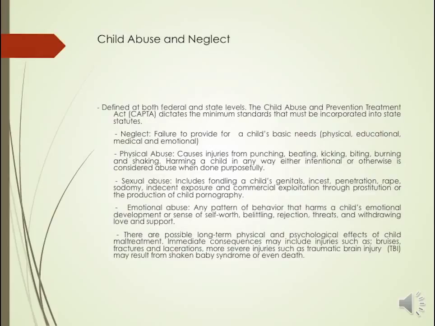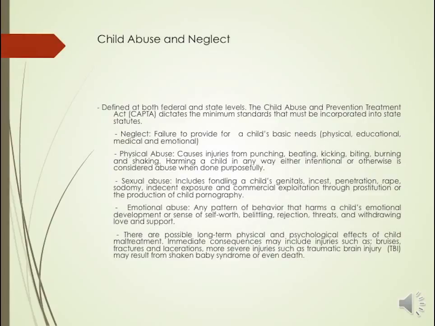Emotional abuse is a pattern of behavior that harms a child's emotional development or sense of self-worth: belittling, rejection, threat, and withdrawal of love and support. There are many possible long-term physical and psychological effects of child maltreatment.